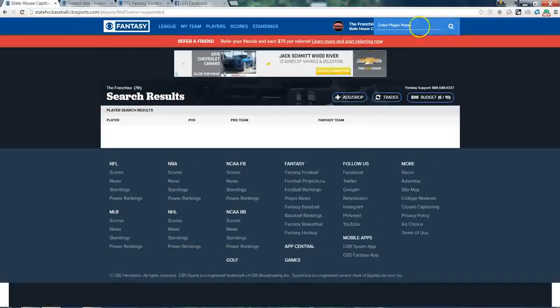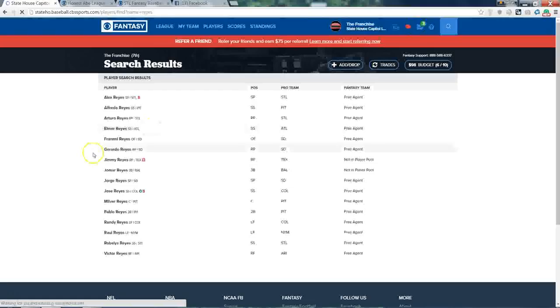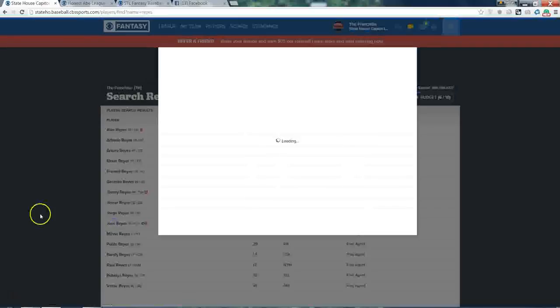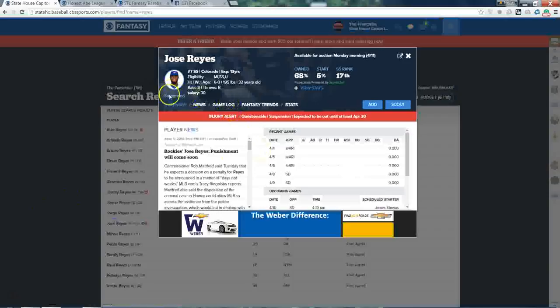No. Of course we're not going to find suspended, but Jose Reyes is suspended. So when you go to his player page, it says suspended. Even though it says available for auction on Monday, he's not. He is suspended. He cannot be bid upon for an auction purpose until he is activated to the roster.